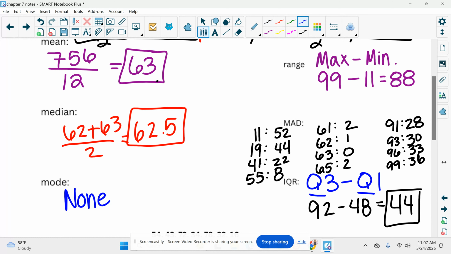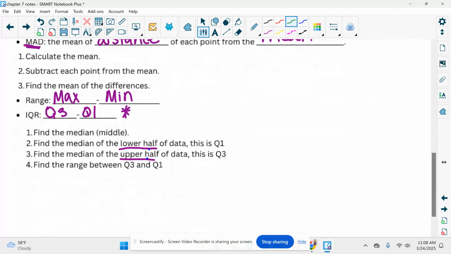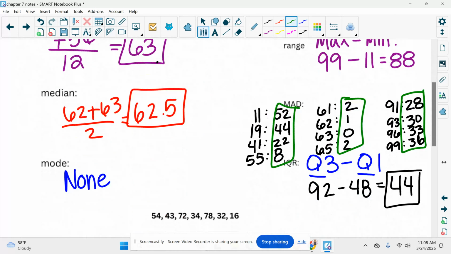Once we have all of those numbers, we look at step 3. What does it say? Find the mean of the differences. So all those numbers we just got, we add them all up and then what?